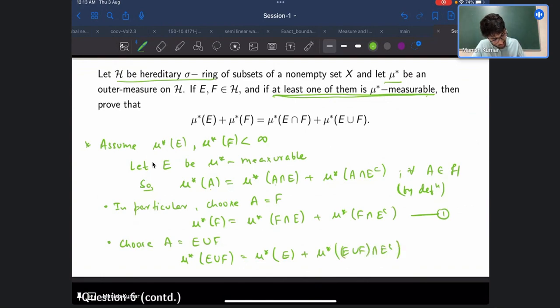You just distribute it. E intersection E complement will be phi, and what you will be left with is F intersection E complement.